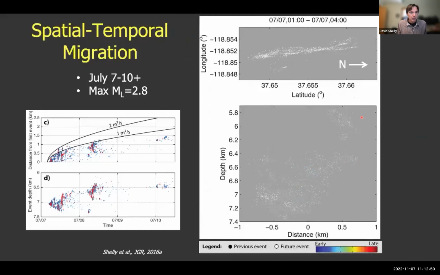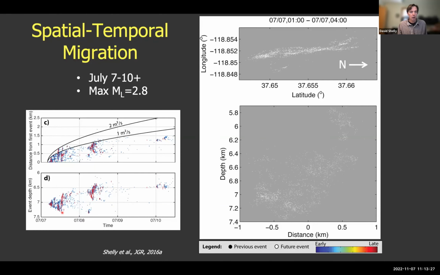And this sequence in particular had some really interesting spatial temporal migration. I'm going to show that July subsequence, you can call it subswarm. The plot here is showing distance from the first event with time, and a couple of diffusivities just for reference that I've put on top of this. The bottom plot here is showing event depth with time. And this is actually a common pattern that we see, where we see initially both downward and upward migration.